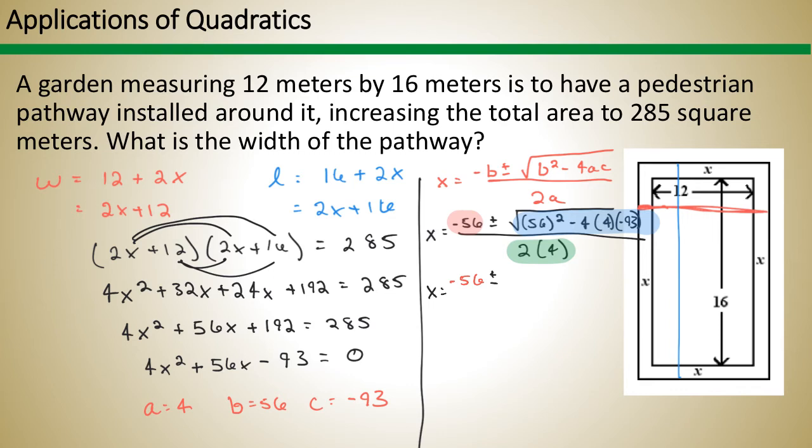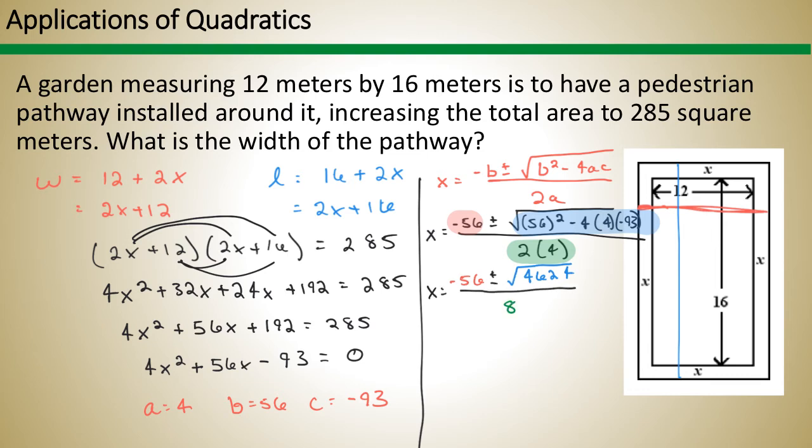So 56 squared minus 4 times negative 93, and that's going to be 4624. So square root of that, and then all of that is over 2 times 4 is 8.